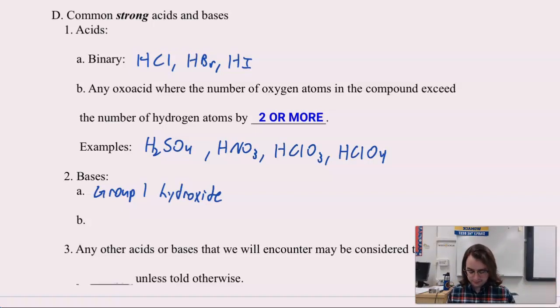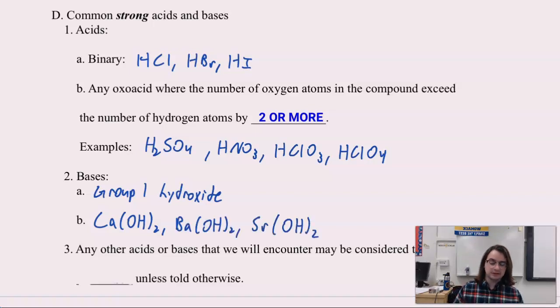The other group is from the second group metals, but it's not all of them, it's only the heavier ones. So calcium hydroxide, barium hydroxide, and strontium hydroxide are all considered strong bases. Again, you have to memorize these, but I think the bases are a little easier to remember than the acids.